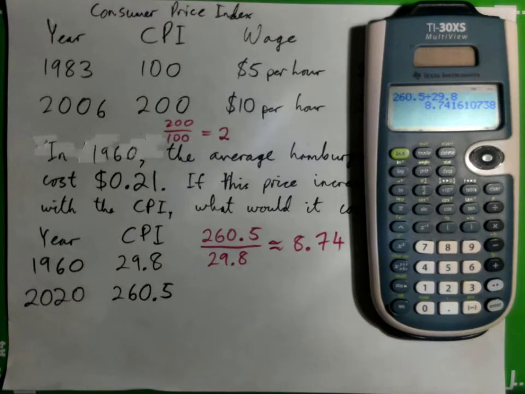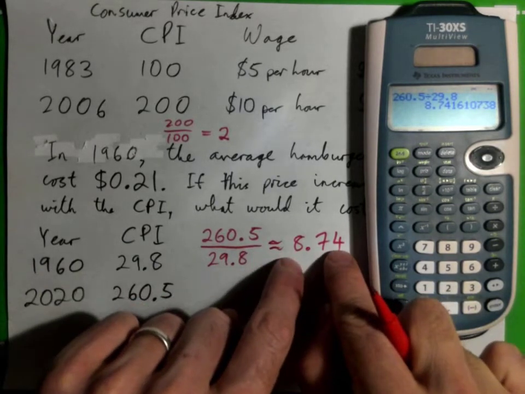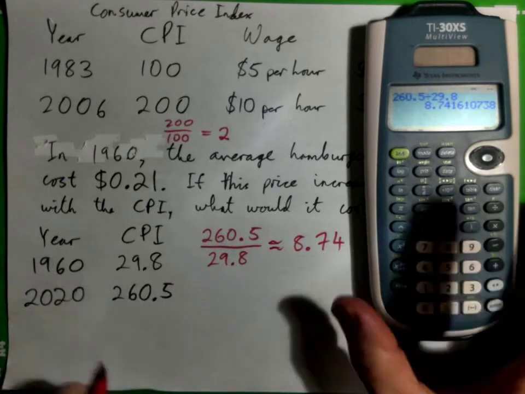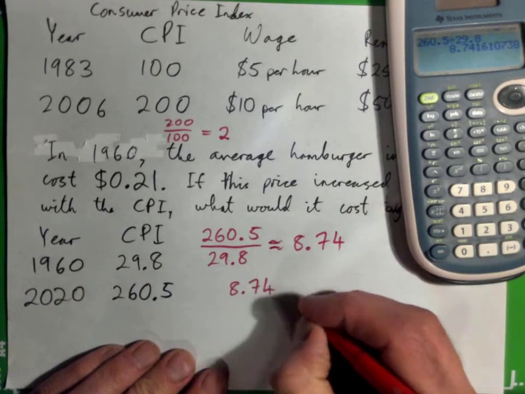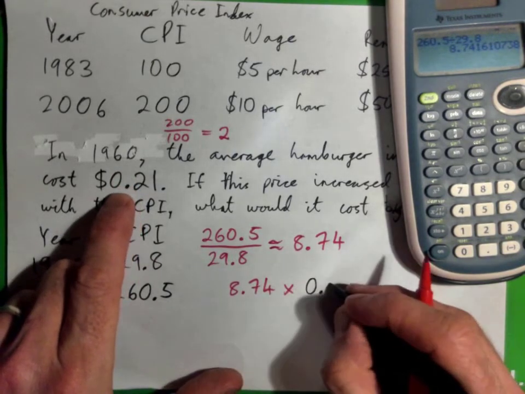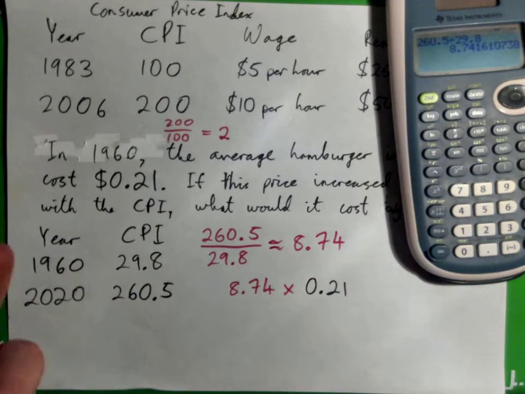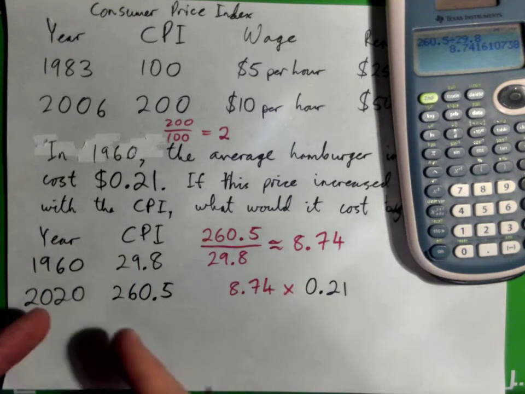Yeah, that's the factor it increased by. Everything is 8.74 times more expensive. All we have to do is go 8.74 times 21 cents, and that's the answer. You're done. That's all you got to do. Everything is basically 9 times more expensive by 2020.